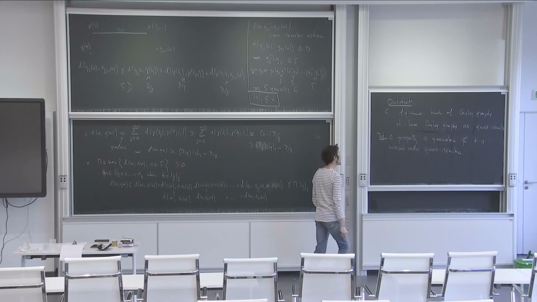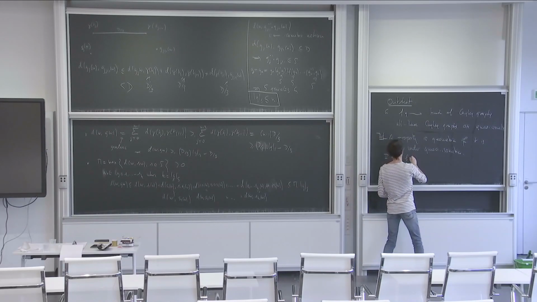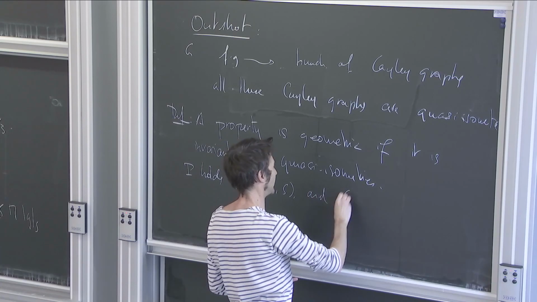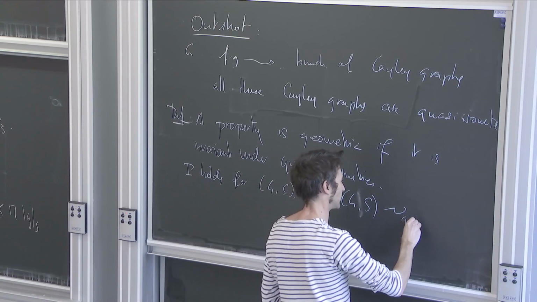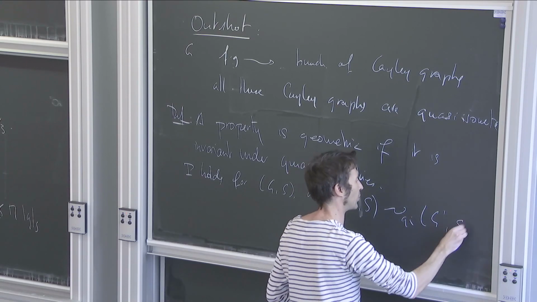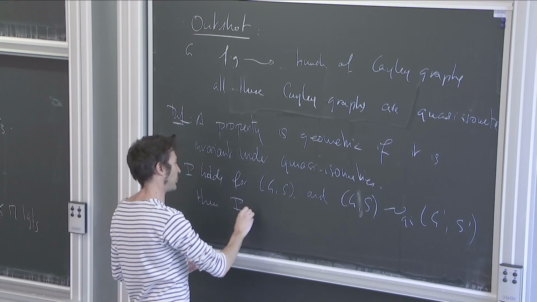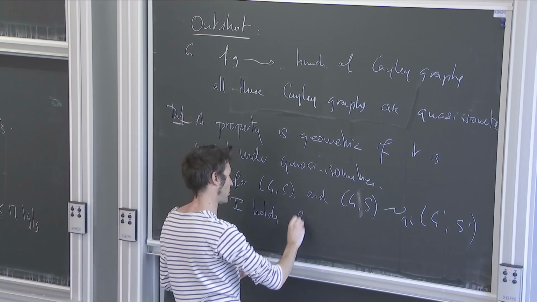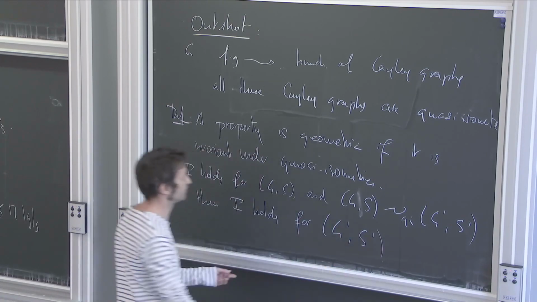And so what does it mean? It means that if a property P holds for GS, and GS is quasi-isometric to G prime S prime, then P holds also for G prime S prime.